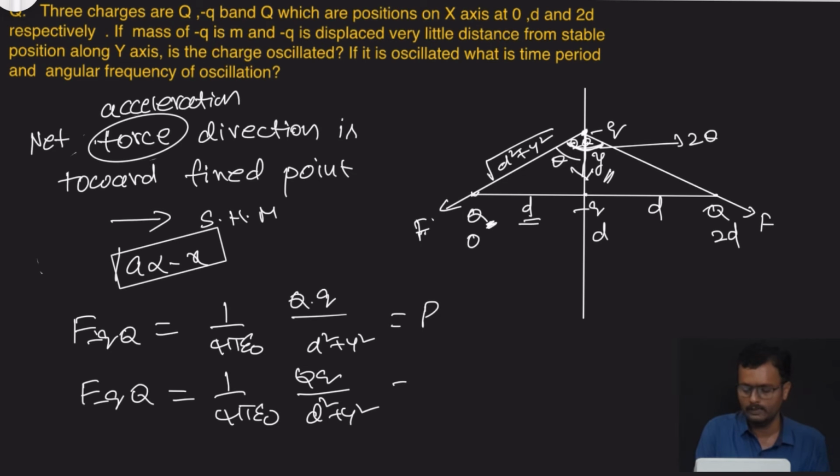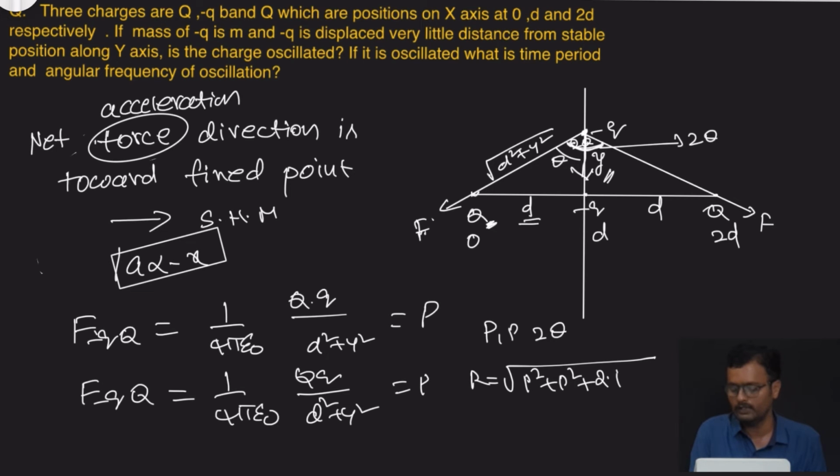Suppose these are P and P, two forces making an angle 2 theta. Then the resultant is square root of P square plus P square plus 2 P square cos 2 theta, that is 2P square plus 2P square cos 2 theta.